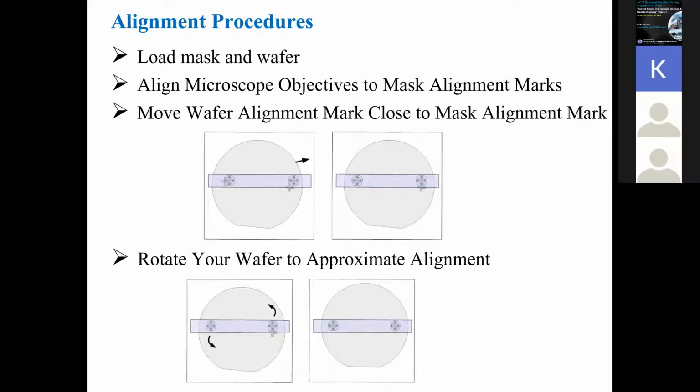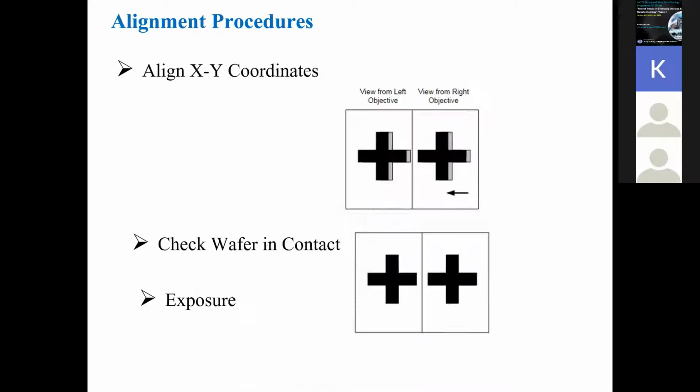So first, load the mask, load the wafer, and use the microscope objective to do the mask alignment. If they are not aligned, move the wafer so that the alignment mark gets close to the mask alignment mark. Move it in the XY plane, or if you have to rotate it, rotate the wafer so that it gets matched up.